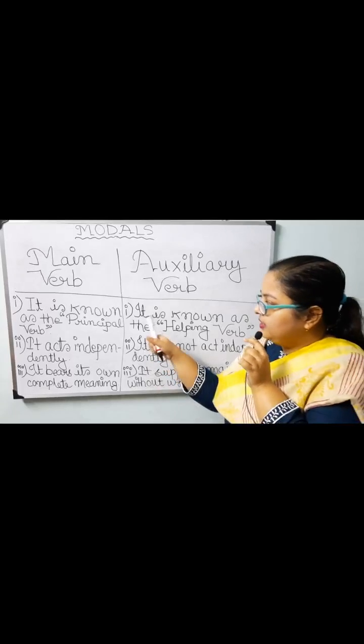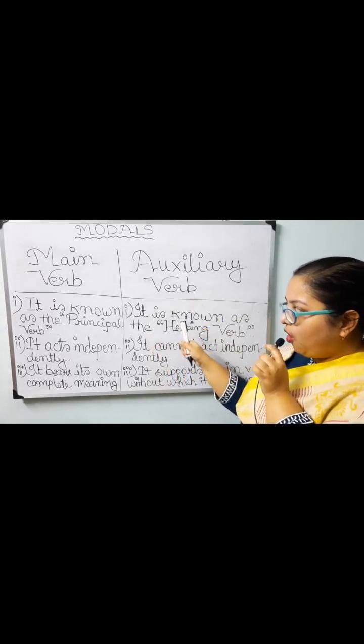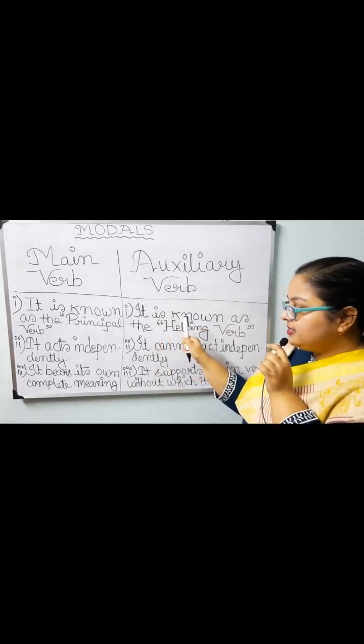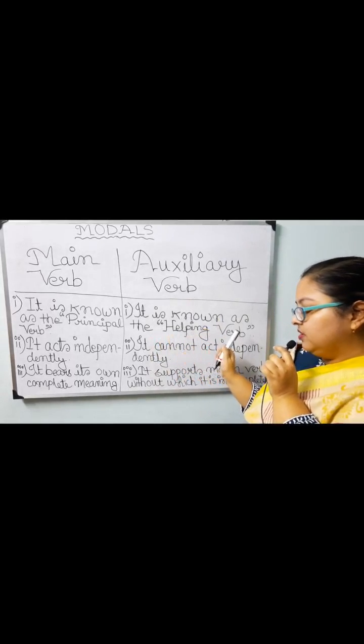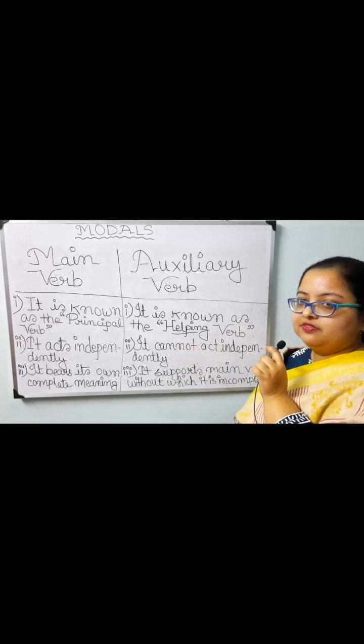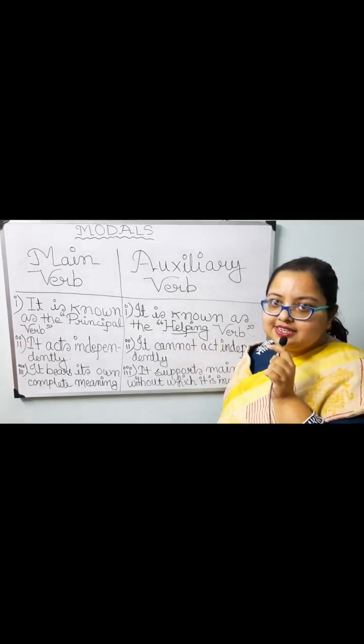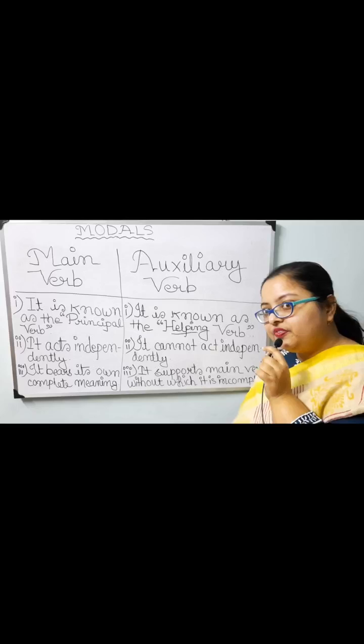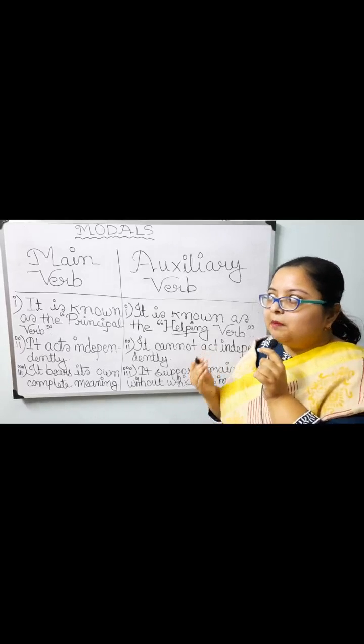Next one, number 1, under auxiliary verb: it is known as the helping verb. So students, from the very word helping itself, you know that this is a matter of helping.